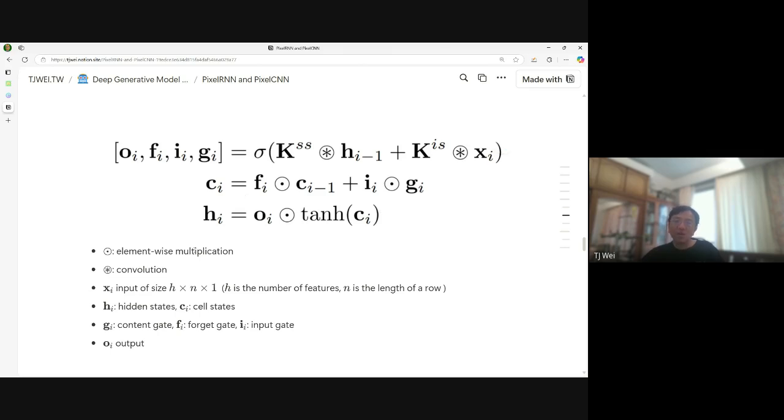The only difference is that instead of using a linear layer, it has a kernel and uses convolution right here.